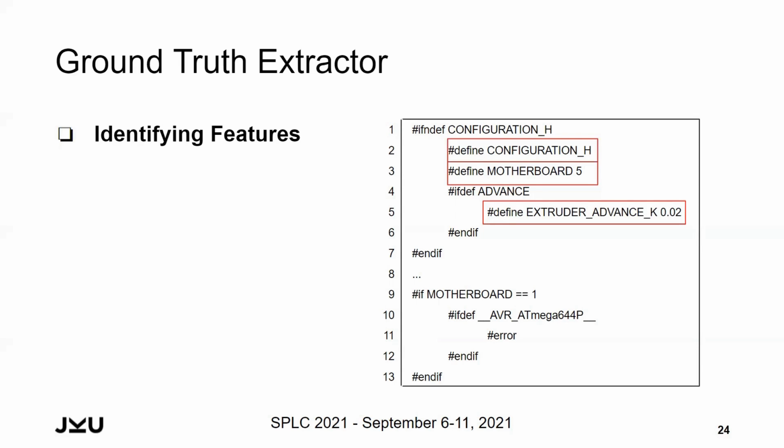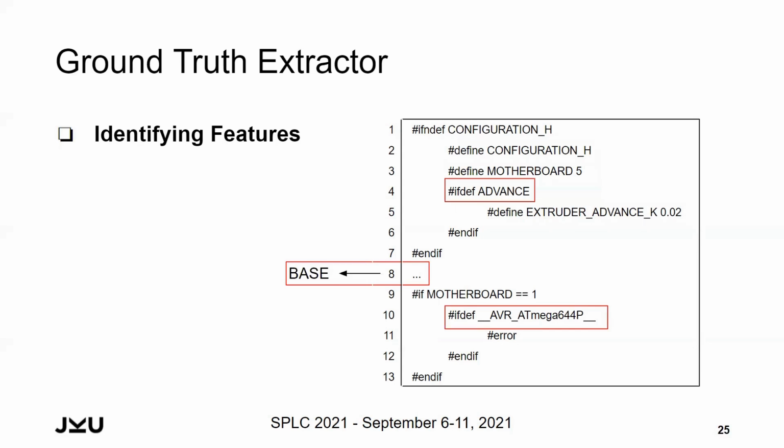We just consider the features that can be set externally by the user. So in this example, we show the features Advanced, Base, and AVR ATmega644P. The Base feature is the feature that we use to characterize the core of the system, or the other code that does not belong to any annotated feature.